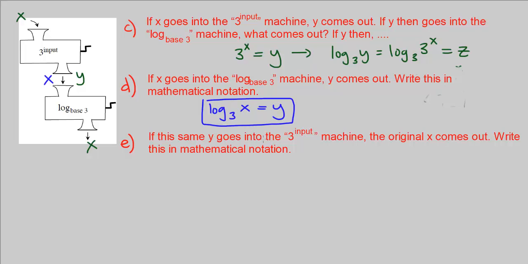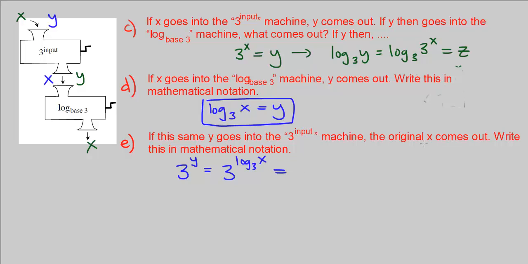If the same y goes into the 3 to the input machine, so now we're going to plug this blue y into the input here, the original x comes out. Write this in mathematical notation. So that's saying 3 to the power of y, which is equivalent to 3, since it's the same y as part D, 3 to the power of log base 3 of x.